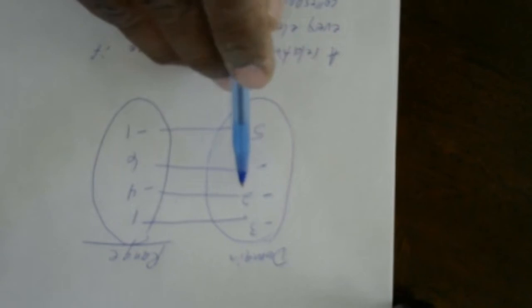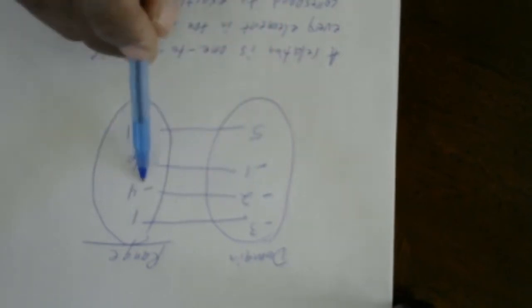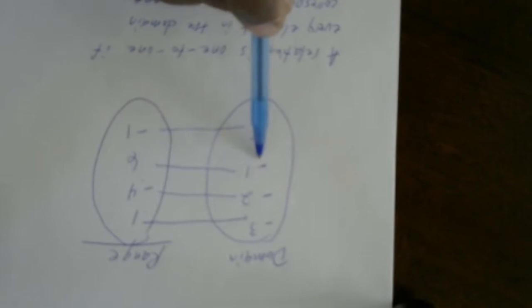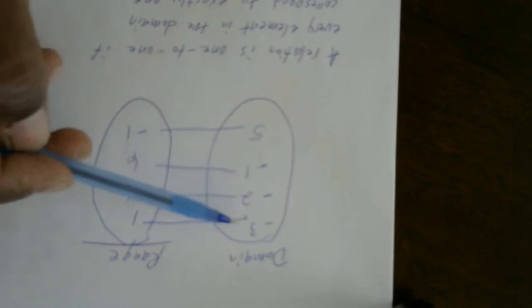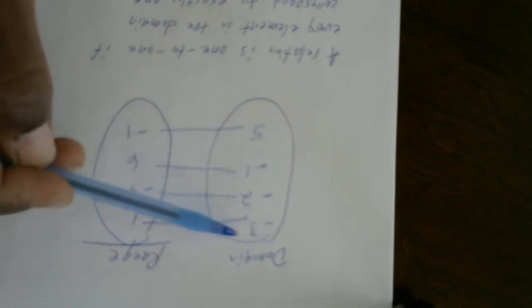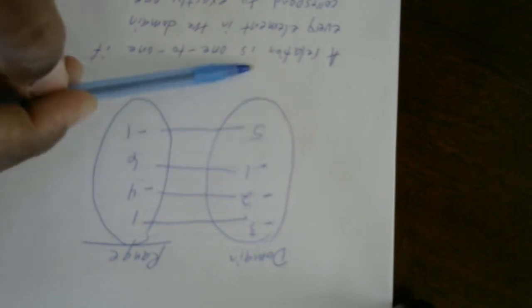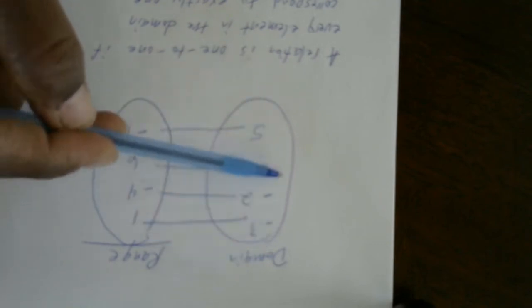So here's what that means. This -3 only corresponds to one element, or to one thing, 1. -2 only corresponds to one thing in the range. -1 only corresponds to 1, and 5 only corresponds to 1. Another thing you can look for in short is if you do not have any repeating x values.